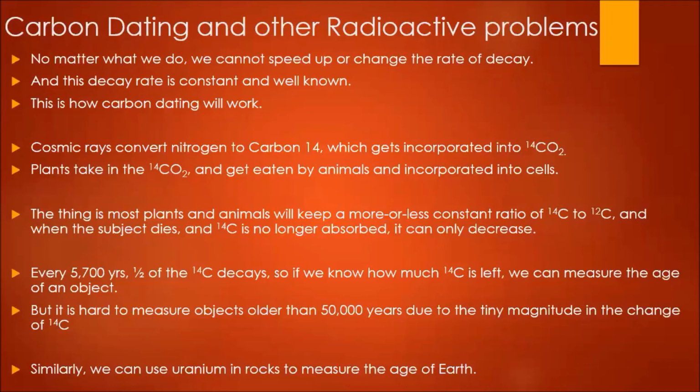So the sum of all these decay products adds up to how much uranium we started with. Now, if I measure how much lead we have and how much uranium we have, there are some mathematical ways we can calculate this, but it's the same general process. If I can figure out how much of each of these products, I can know how many millions of years must have gone by to get this much lead.